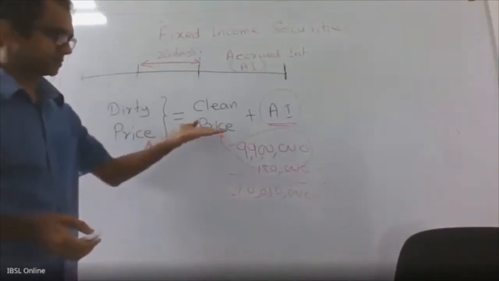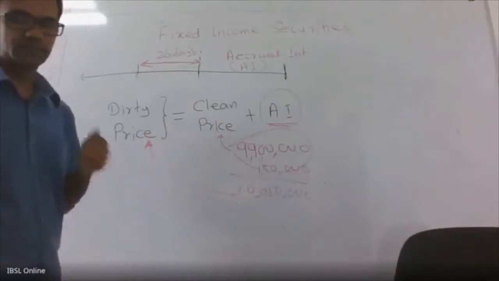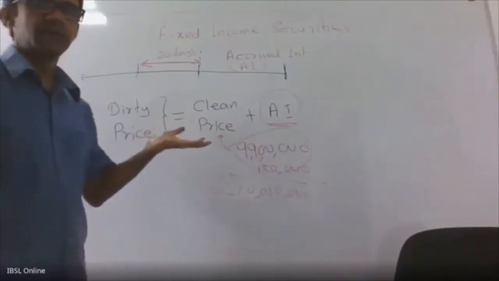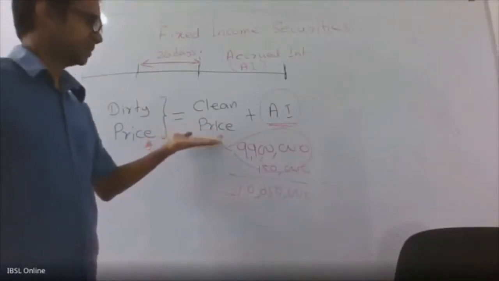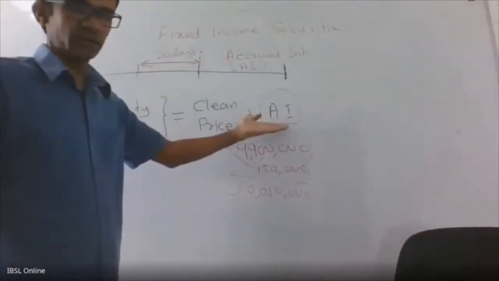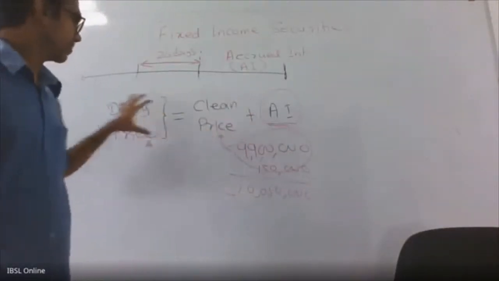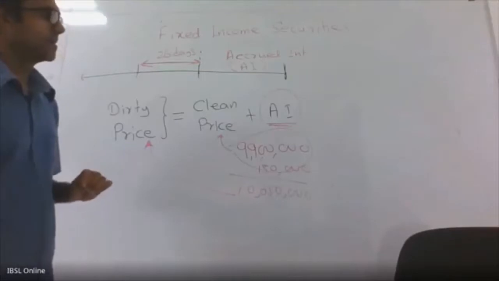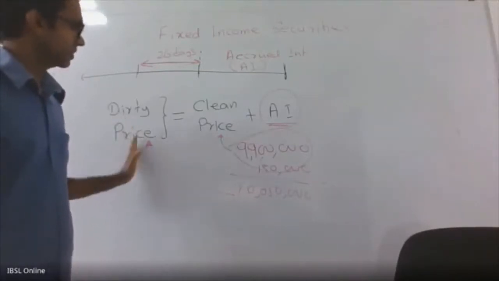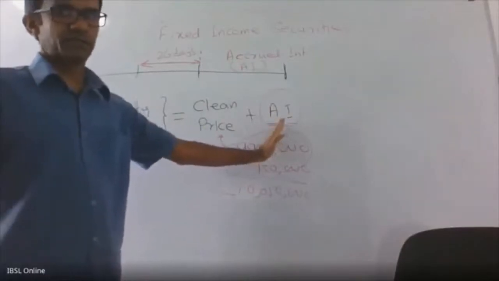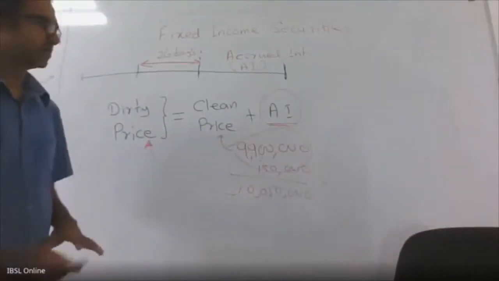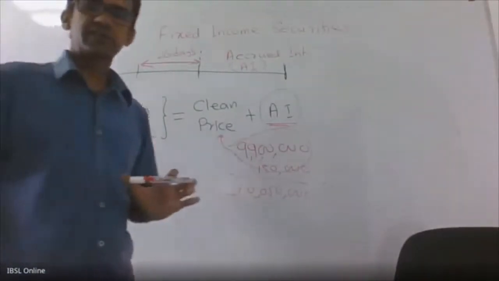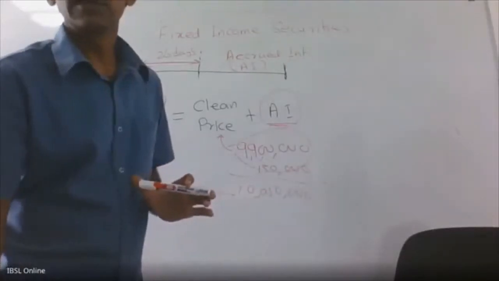Clean price is the price that you agree to pay without the accrued component, or the same thing the seller agrees to sell for, but the seller would receive the accrued interest as well. Both together we call the dirty price. That is the relationship between dirty price, clean price and accrued interest. Clean price is the price the bond is traded in the market without considering the accrued interest component.